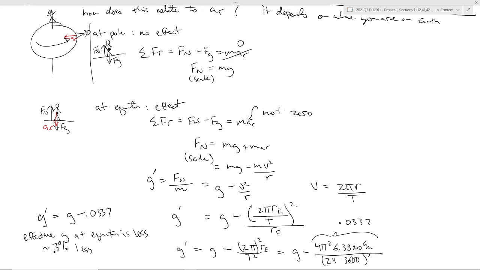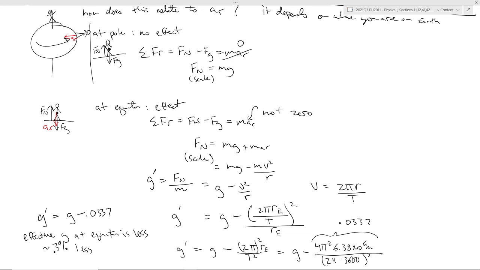In other words, the centripetal acceleration part is a minor factor compared to the force of gravity that we feel at the surface of the Earth, and this means that we can safely treat the Earth as an inertial reference frame.